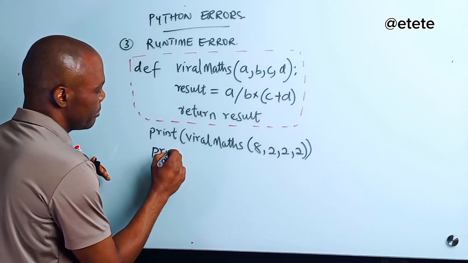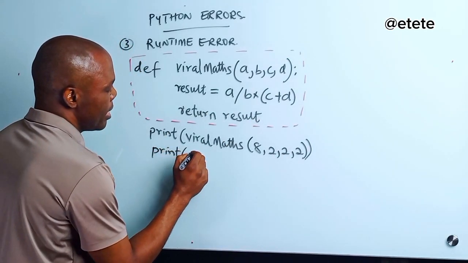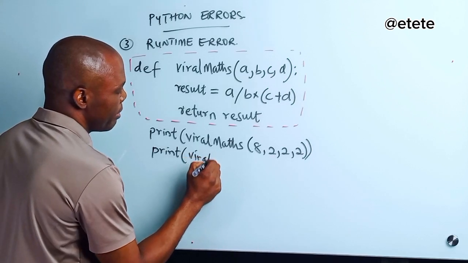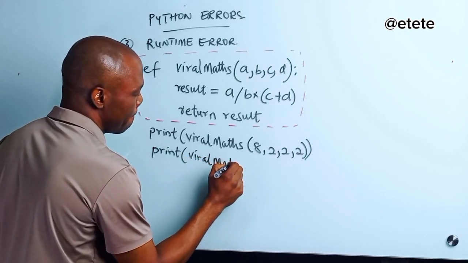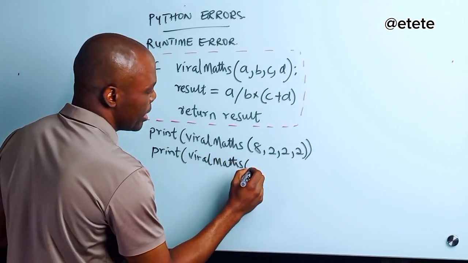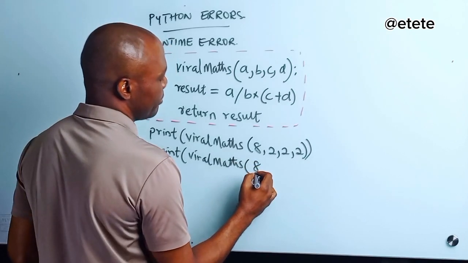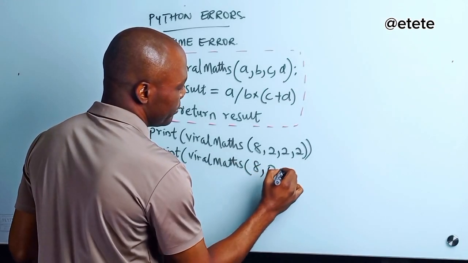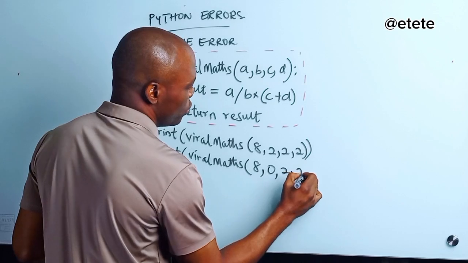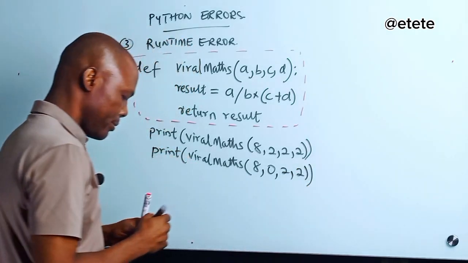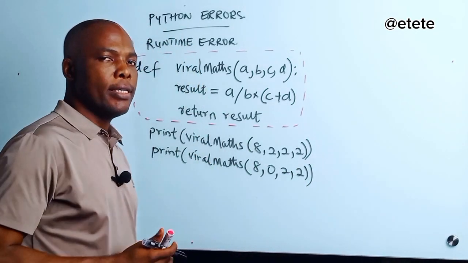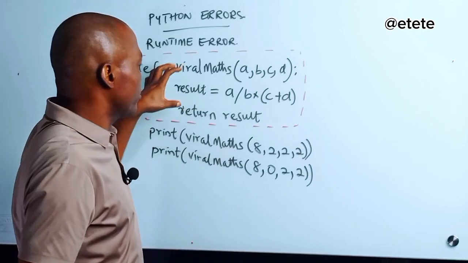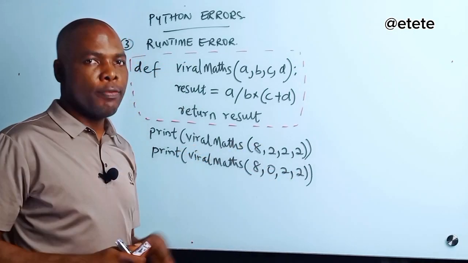So I will say print, right? And I will call the function again, varamat, right? And I will say 8, 0, 2, 2, right? Now, this is my program that I've written. So I've written my function. Now I'm calling the function.